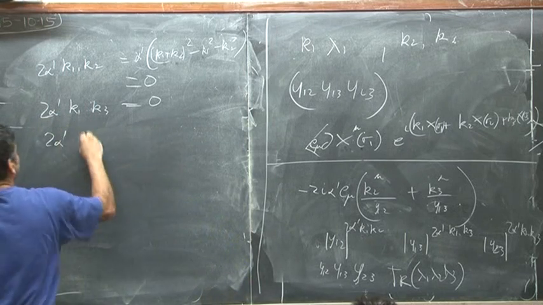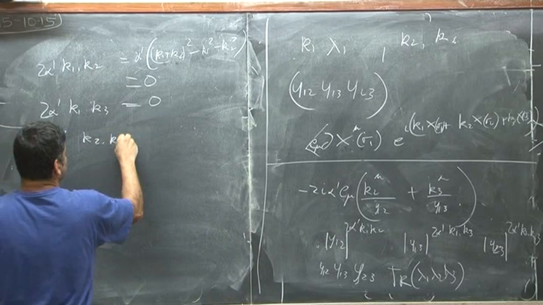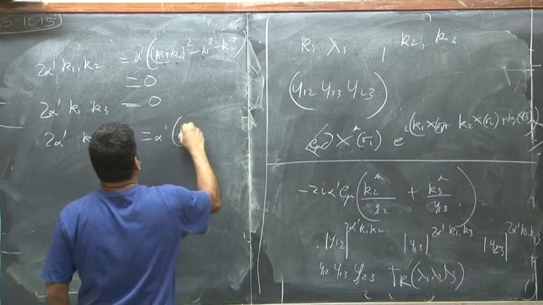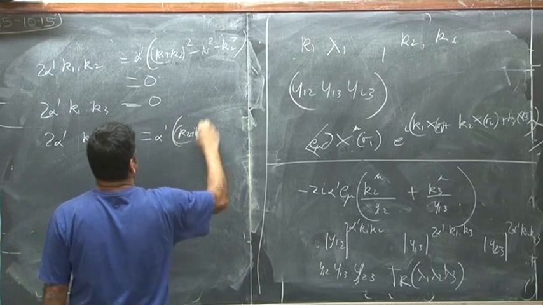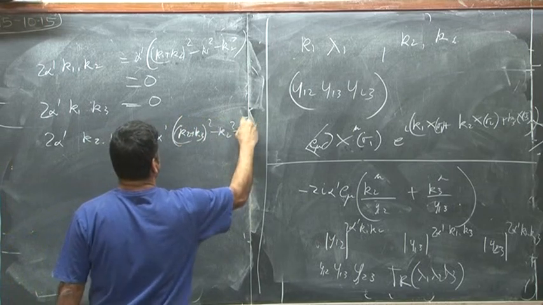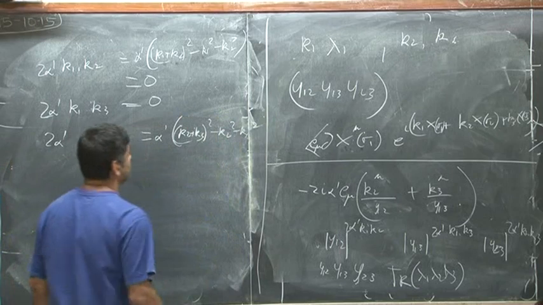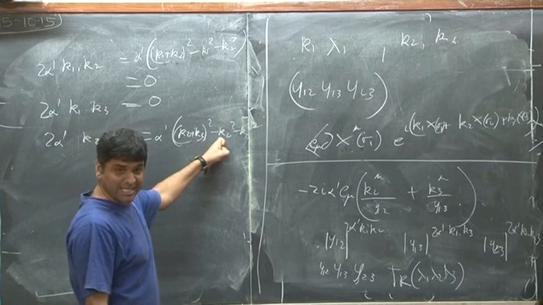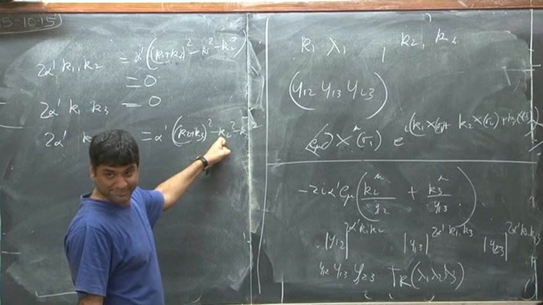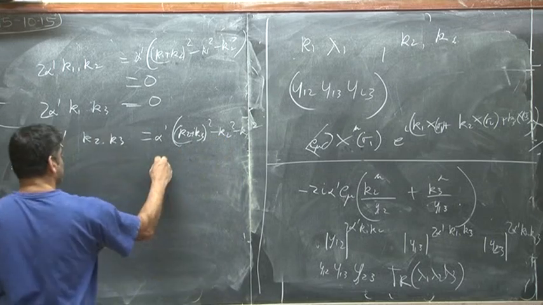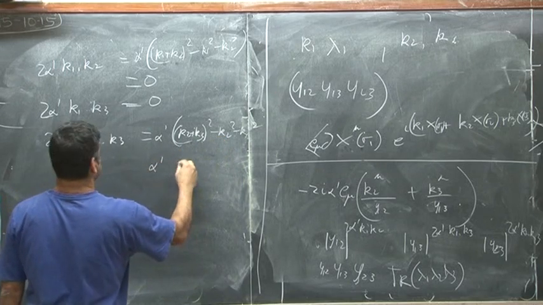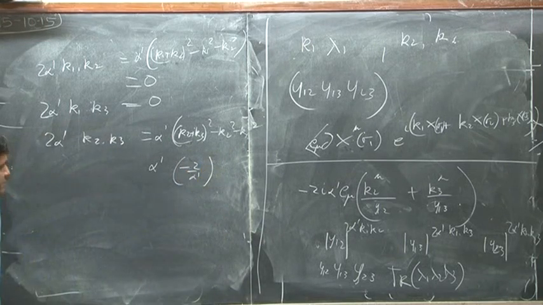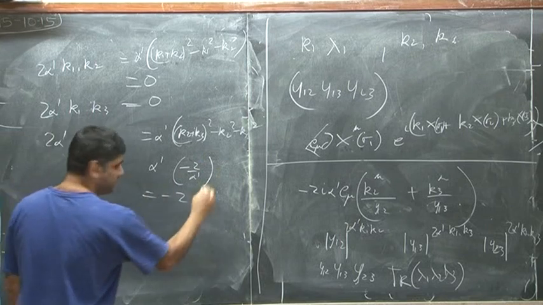But 2 alpha prime K2 dot K3, now that's more interesting. Because this is equal to alpha prime times K2 plus K3 whole thing squared minus K2 squared minus K3 squared. This is K1 squared, so that's just 0. But each of these was 1 over alpha prime. So this is equal to alpha prime into minus 2 by alpha prime. It's equal to minus 2.